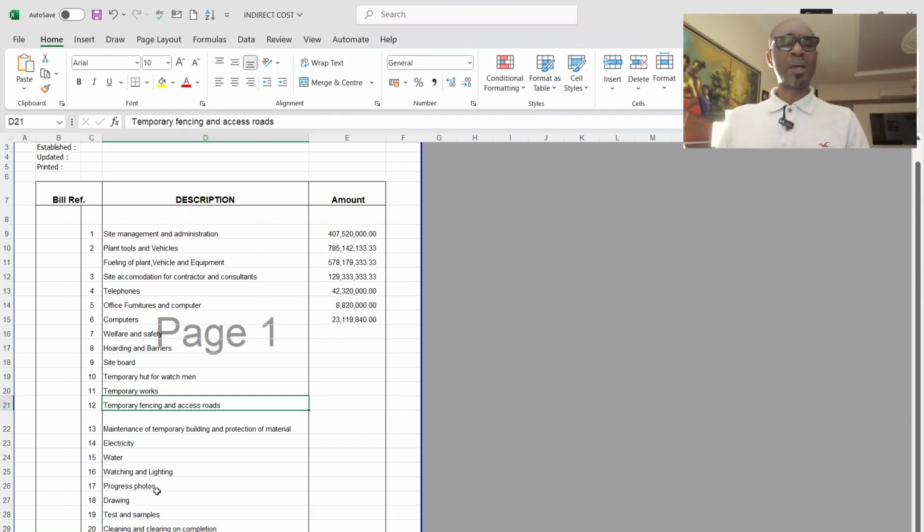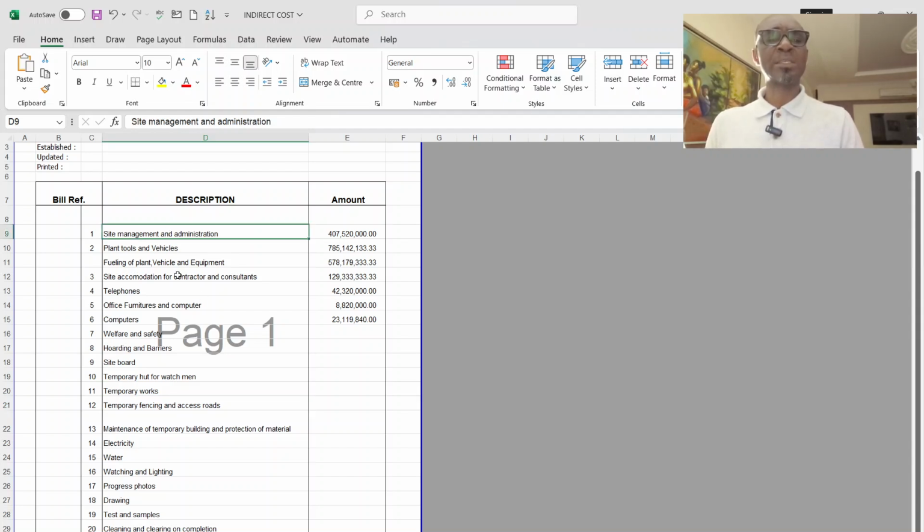These were the typical list of items in the preliminary bill that you often see in any conventional bill, and we're able to deal with site management and administration, plant and equipment, site accommodation, telephone, office furniture, and computers.